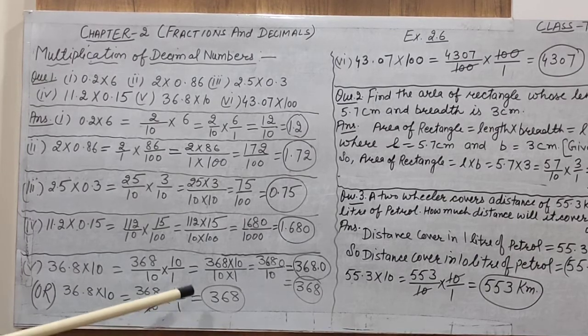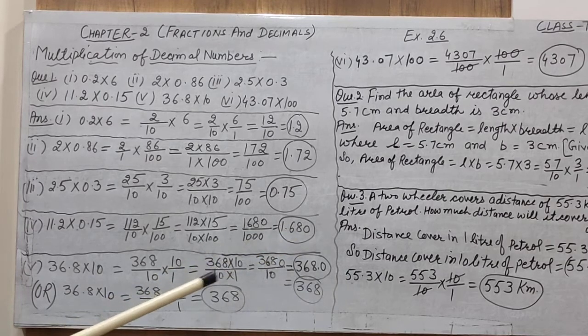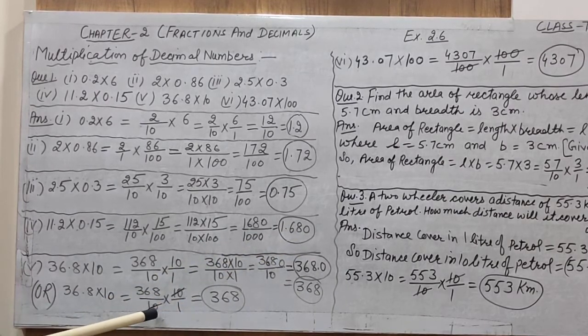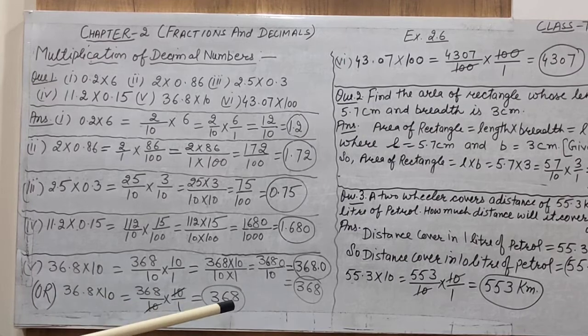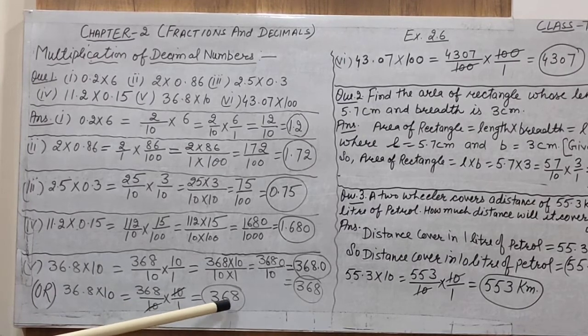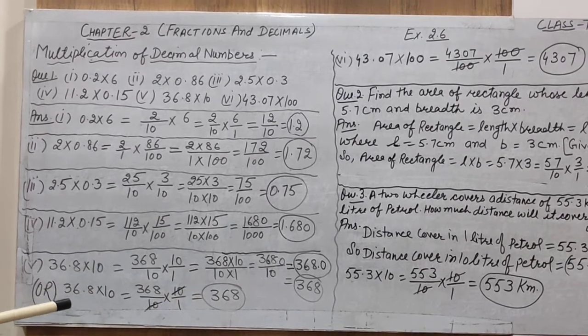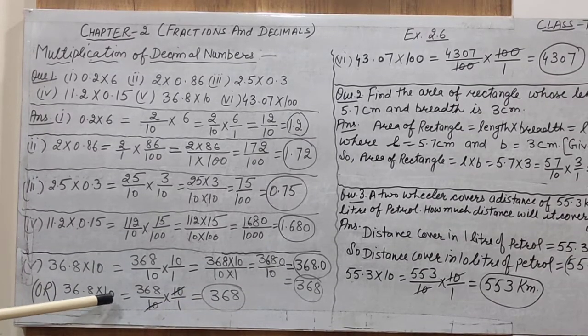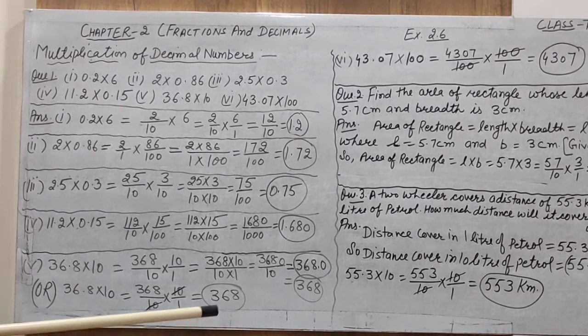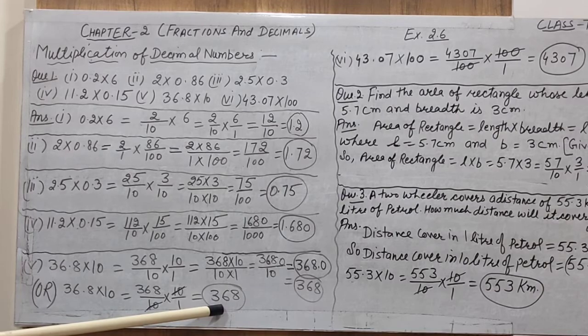At this place, there is no need for further multiplication. Directly cancel out if they are similar numbers, like both are 100 or both are 10. We can cancel out these numbers, and result is 368 divided by 1, or 368 is the direct answer. So when we multiply any decimal number with the 10 or 100, actually what happened, decimal moved towards right hand side step by step, and the result is 368.